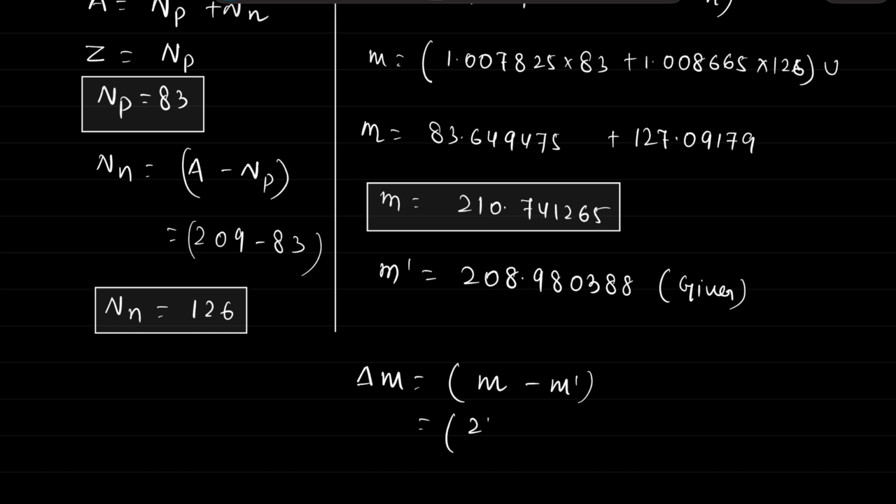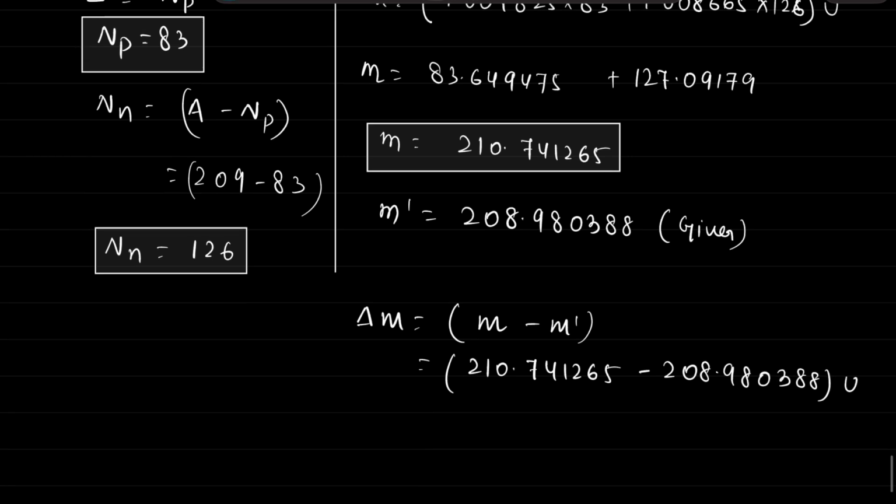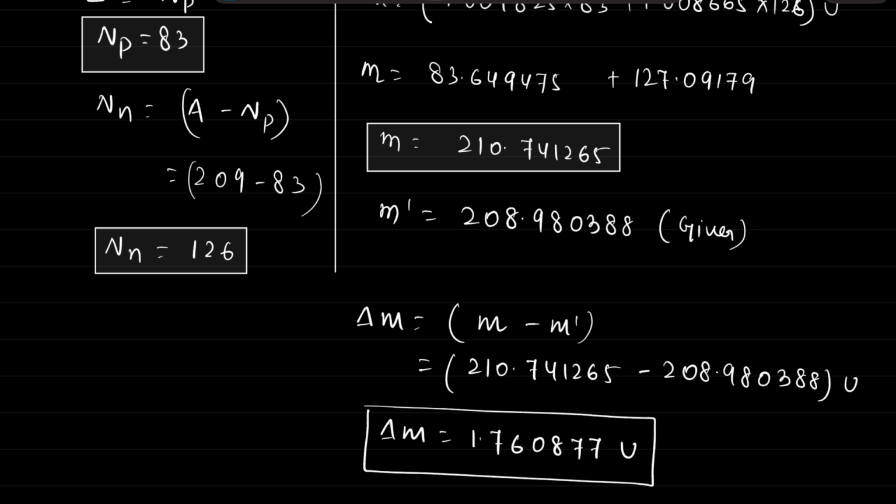So if we subtract both the values, 210.741265 minus 208.980388, after solving, delta M is equal to 1.760877 U. This is our mass defect.